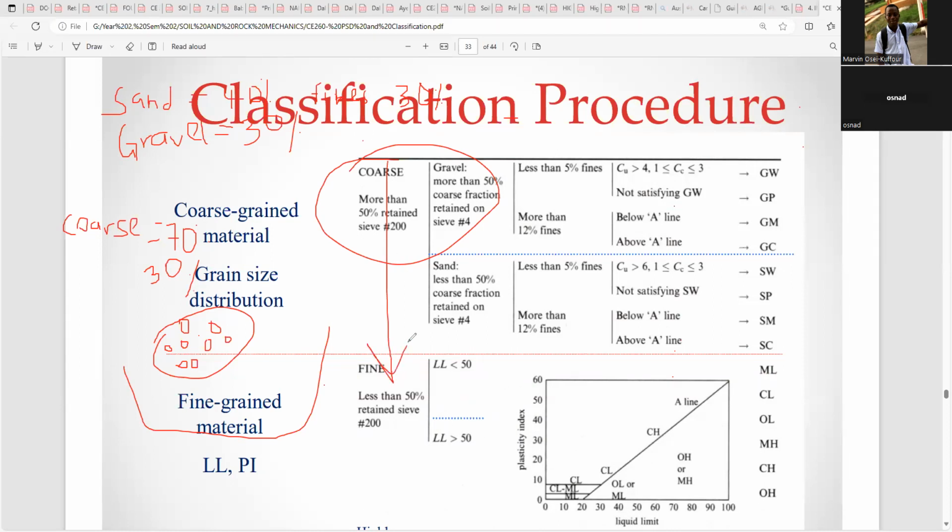That's basically what it is saying. The one with higher percentage, either the coarse or the fines. Here you are not comparing sand or gravel. You are comparing coarse and fines. So if you have more percentage of coarse, then we are taking the upper half of the table. If you have more percentage of the fines than the coarse, we are going by the lower part of the table. Please, is that clear?